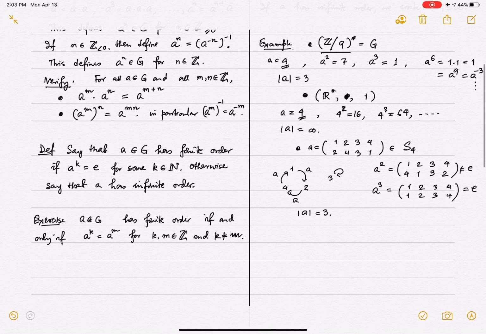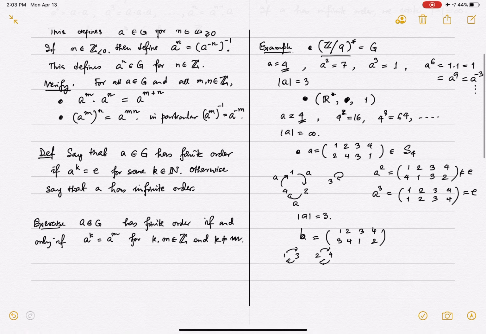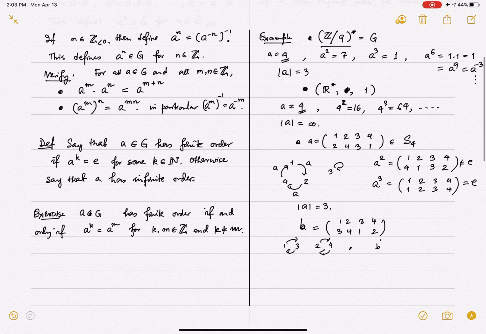If you take this other element, what does this do? This flips 1 and 3, and flips 2 and 4. Let's call it b. This element has order 2, because if you do it twice, b times b, you get identity.